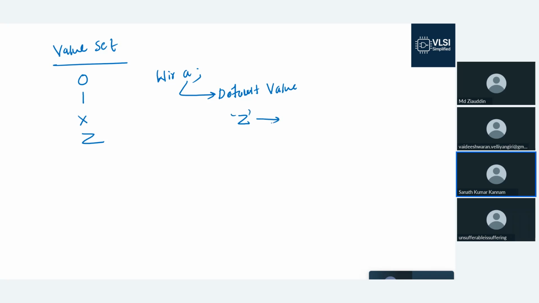Z is nothing but high impedance. It will be stored as high impedance, which means not connected.